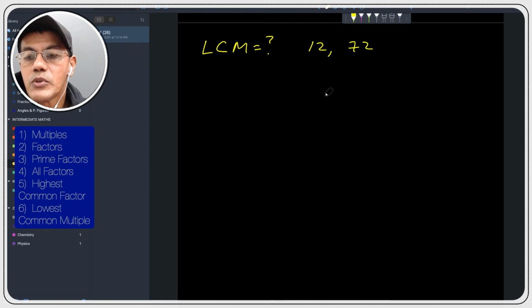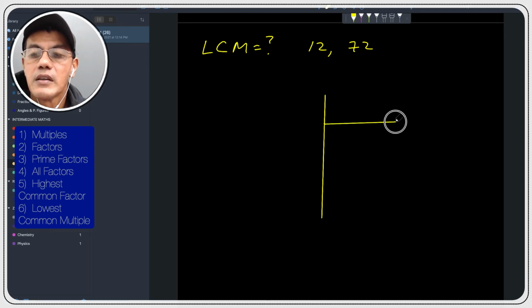How do we do that? We decompose the numbers similar to what we did a moment ago, but this time we decompose them together. 12, 72. And again, we use the prime numbers.